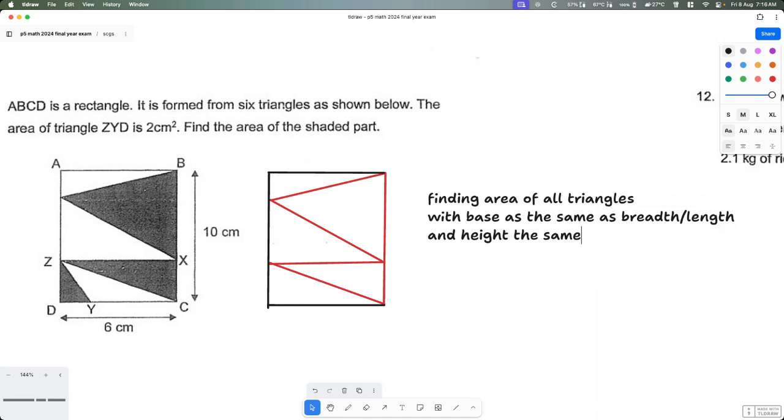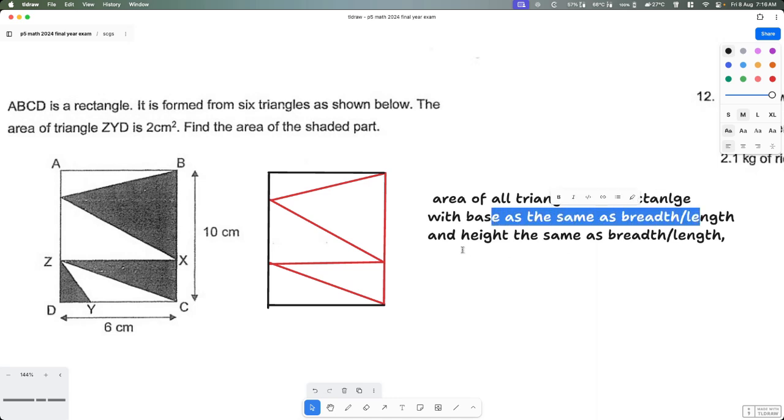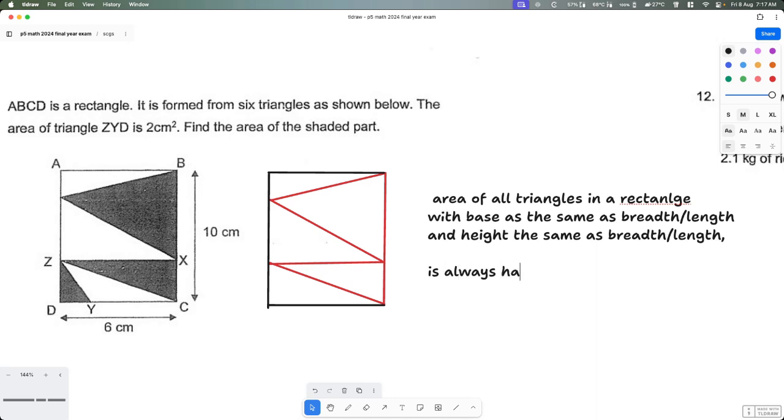The area of all triangles in a rectangle with base the same as breadth and length and height the same is always half of the area of the rectangle.